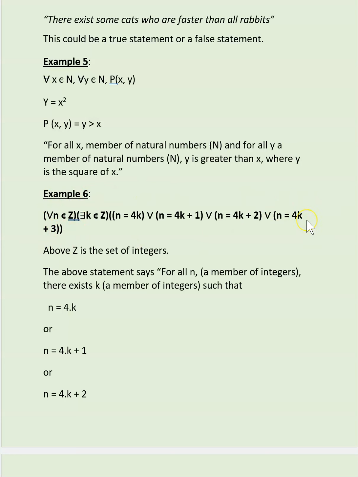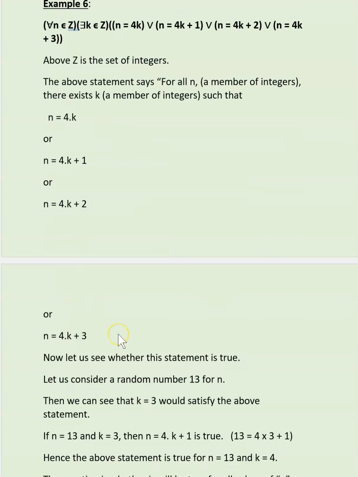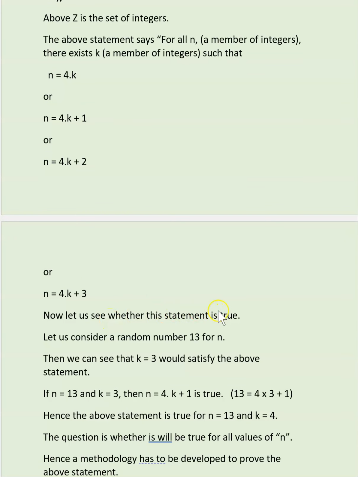The above statement says: for all n a member of integers, there exists k a member of integers, such that n equals 4k or etc. Let us see whether this is true.